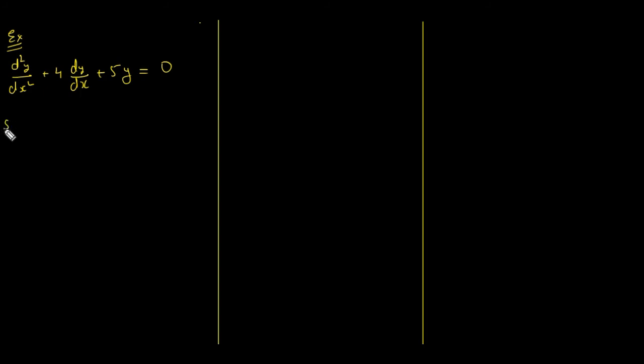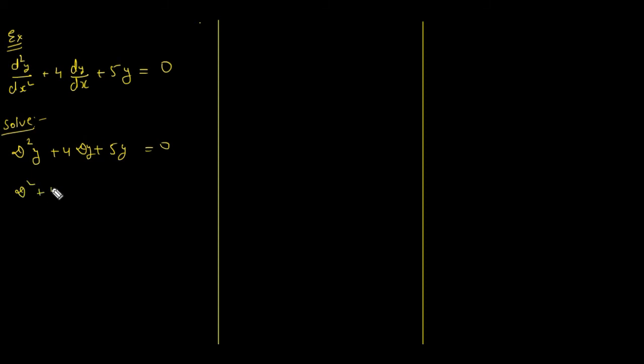Let us solve. Again we will have D square y plus 4Dy plus 5y is equal to 0.